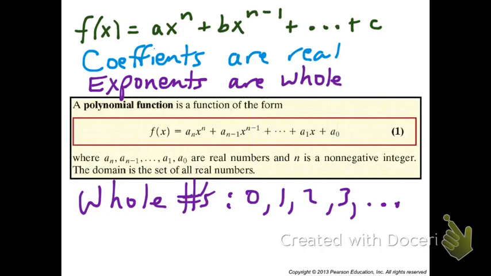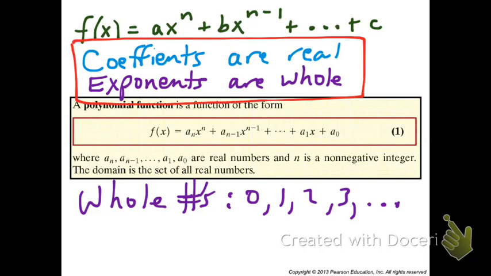So this is what I'd like you to remember here. It's hard to remember this complicated definition, but there is the definition there if you really want to take a look at it. Let's talk about the degree of a polynomial as well while we're here. The degree of a polynomial is always the highest power of all of the terms.